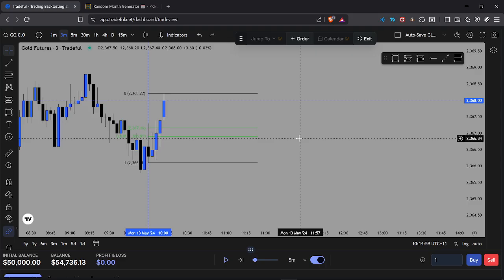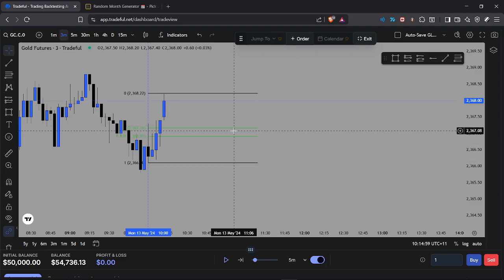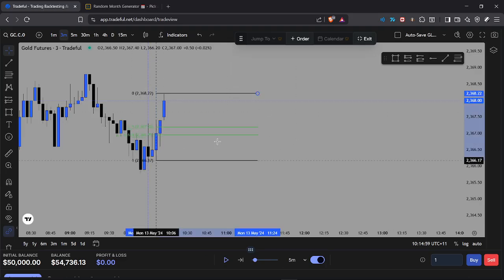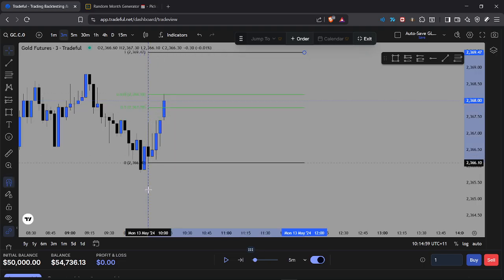So on, wait, on top, god damn it. Okay, top to bottom should be. If we form the top to bottom, then what we're looking for should be a buy, or like we formed the OTE for a buy. And for this one, we should be forming it for a sell.